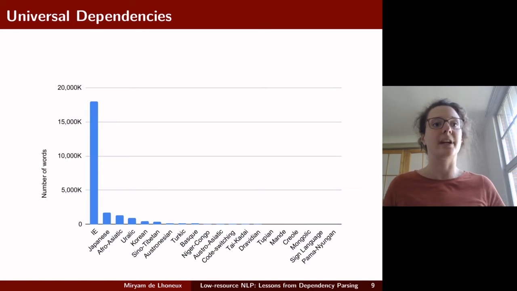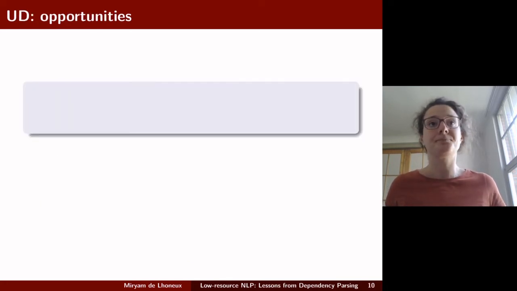And if we look at the number of words per language family, the situation is even more dramatic, and the bias is extremely strong. This means that maybe this dataset is not really quite ready to be used as training data for all of these languages. However, we can use it for evaluation, and I believe we should.